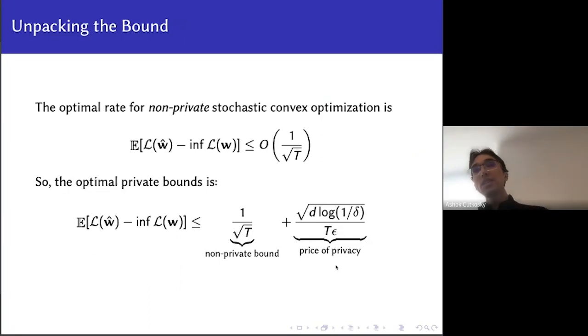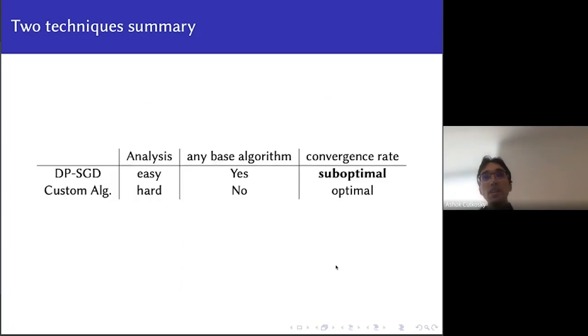Okay, so this is the second technique that one can use. And just to summarize these two ideas, the DP-SGD method, its analysis, I would say, is fairly straightforward. It can use any base algorithm fairly easily, but the convergence rate is not the right thing. On the other hand, you can use some sort of custom algorithm design.